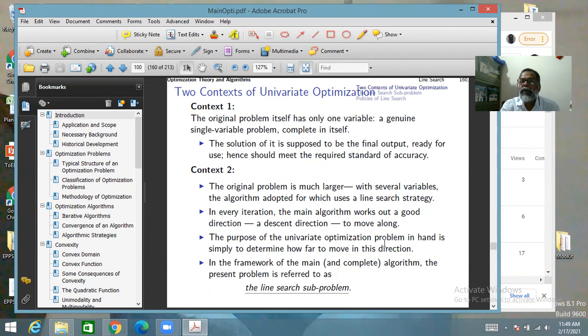So how far to move in this direction? That is the question the univariate problem tries to answer. Now, in the framework of the main algorithm, this little problem is often called the line search subproblem. Okay, so this is the other context of the single variable optimization problems.